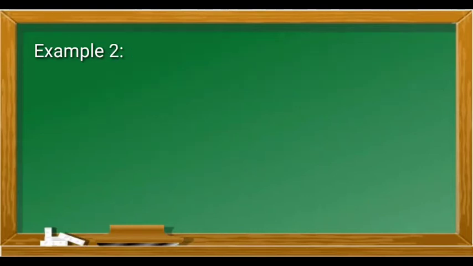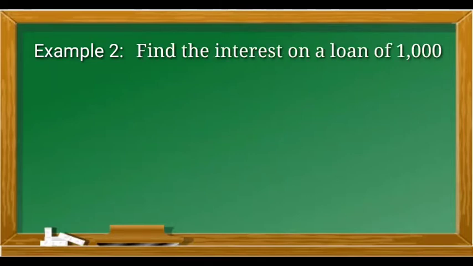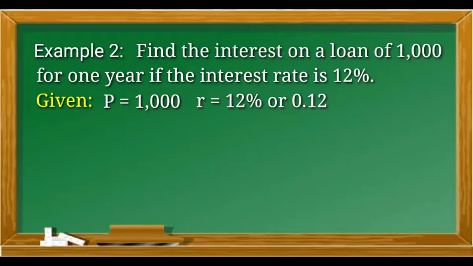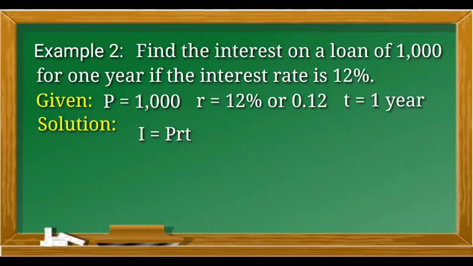Another example, find the interest on a loan of 1,000 for 1 year if the interest rate is 12%. So, the given are P equals 1,000, R equals 12% or 0.12, and T equals 1 year. Ang gagawin natin, isusubstitute natin ang values sa formula.